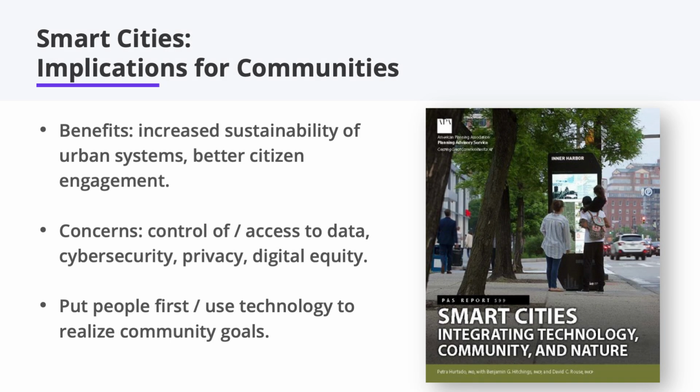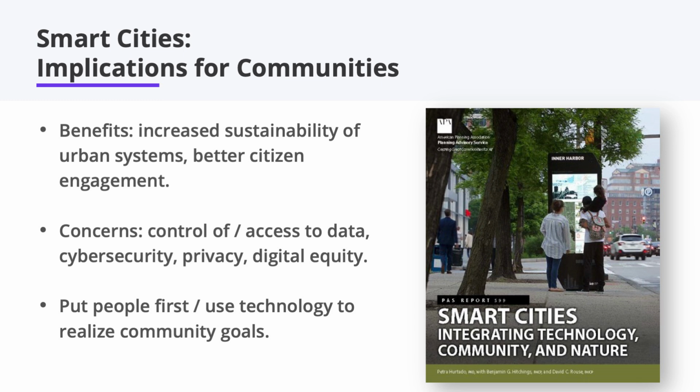So what are the implications for communities? There are potential benefits beginning to be realized. More sustainable systems like energy, mobility, water, and waste. And there are opportunities to engage citizens. For example, in Barcelona, the Decidim, We Decide online decision-making platform to engage citizens in making decisions.